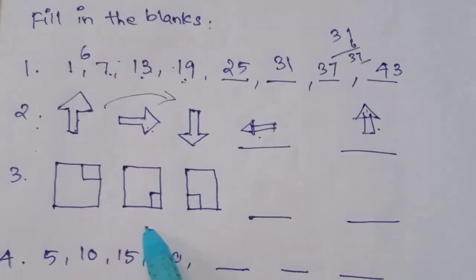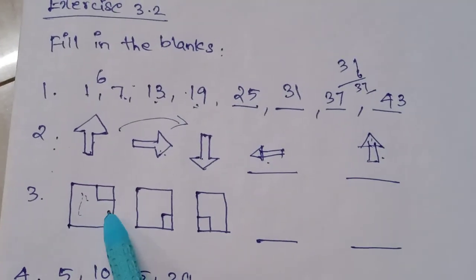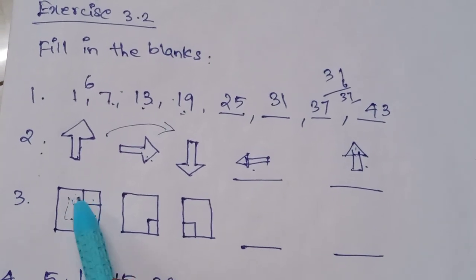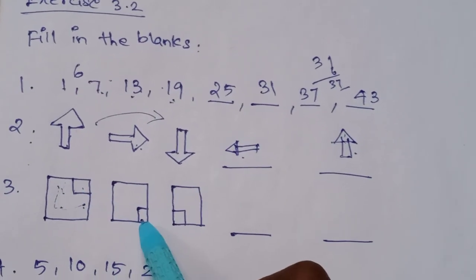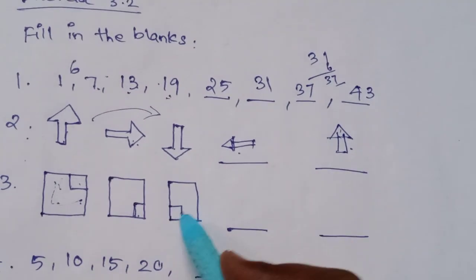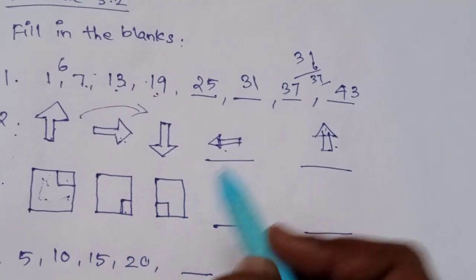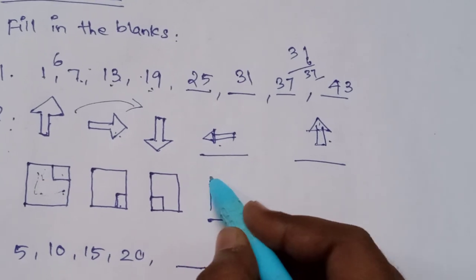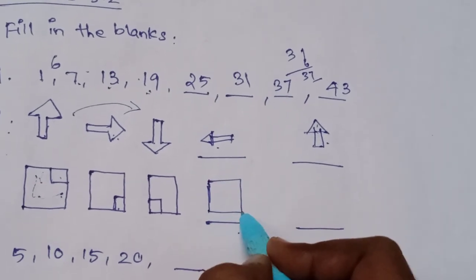Then see the third one. Here you have to color it as green and leave this box as empty. This is what is given. Then here they have given it in bottom, then this side bottom. Now we have to fill in these boxes. So first draw a box.